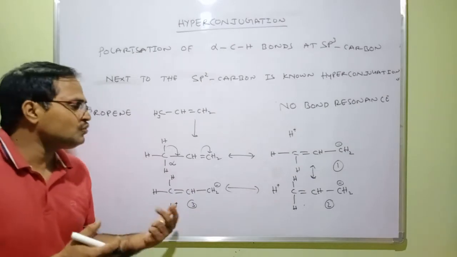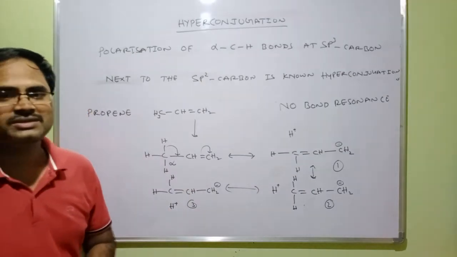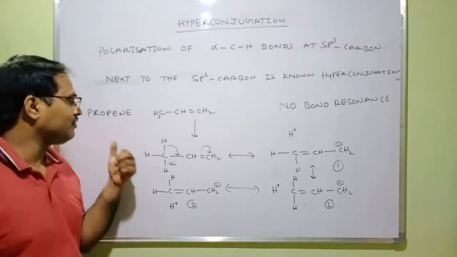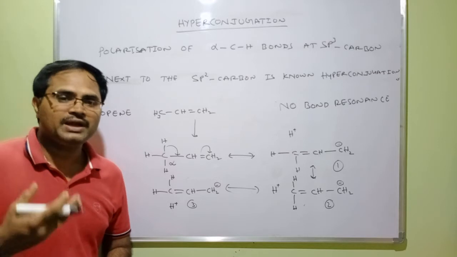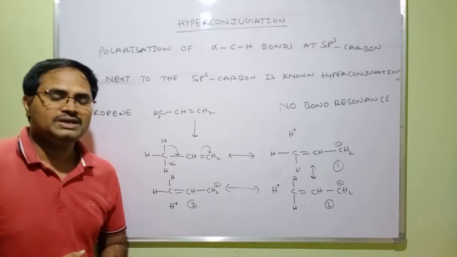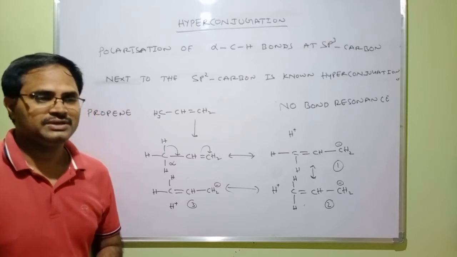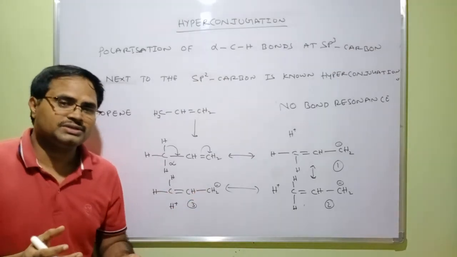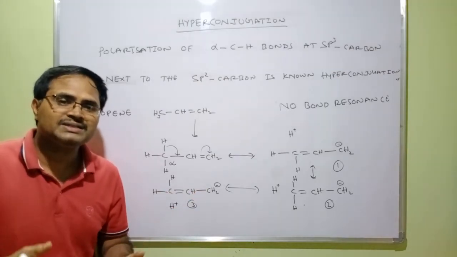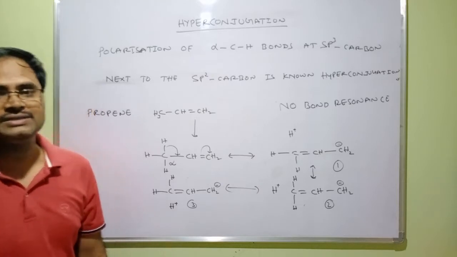So what is the use of these hyperconjugated structures for alkenes? I have taken an alkene and explained hyperconjugation. So what is the application of hyperconjugative structures? Mainly the hyperconjugative structures concept is useful to understand the stability of alkenes.